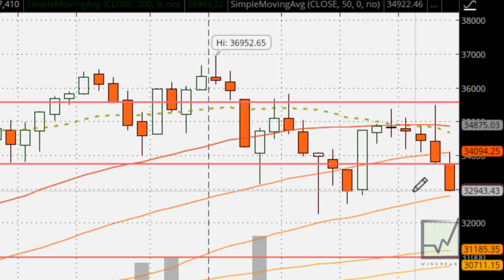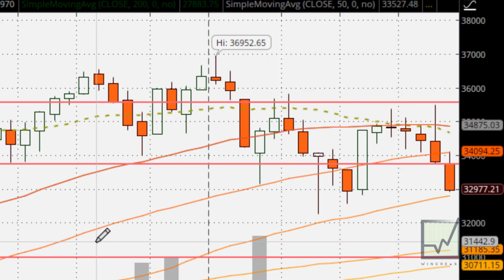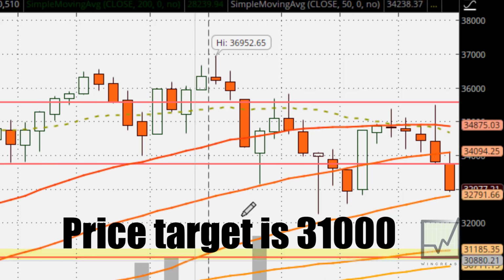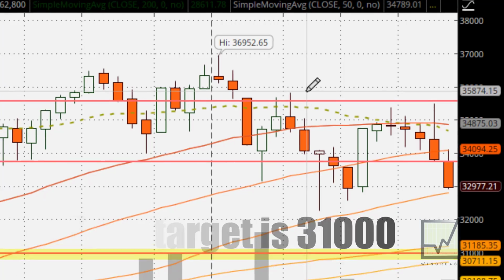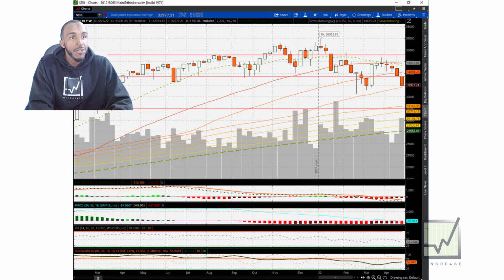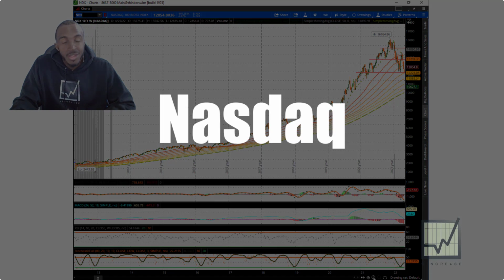Pretty darn close. So I'm looking for the Dow to actually make a move to get to around this support area, around that 31,000 area. Ultimately, I think it's going to continue to move lower there. That is the Dow.